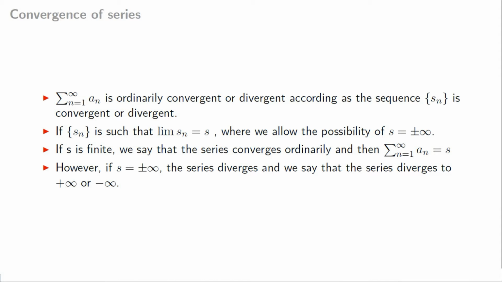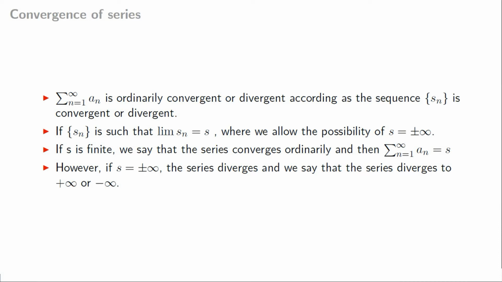Therefore, the convergence or divergence of a series boils down to that of a sequence, in particular a sequence of partial sums. If the sequence of partial sums Sn is such that the limit of Sn exists, with limit of Sn as S, where we allow the possibility of S as plus or minus infinity.